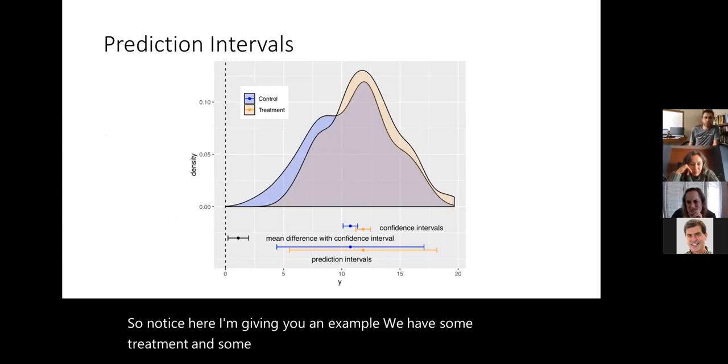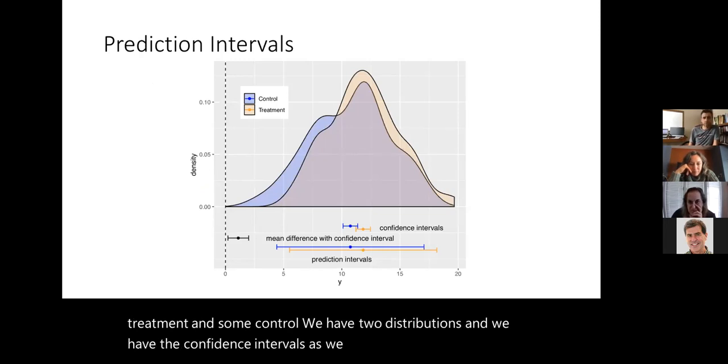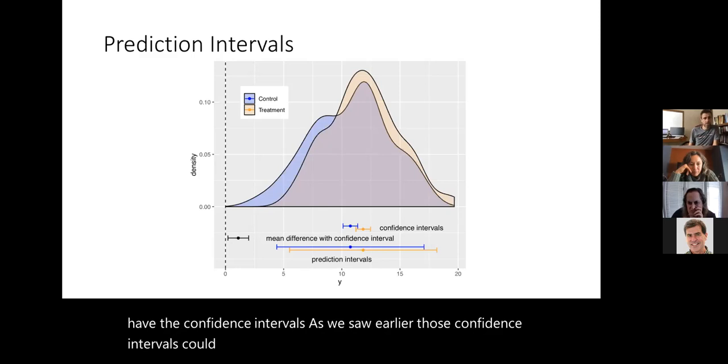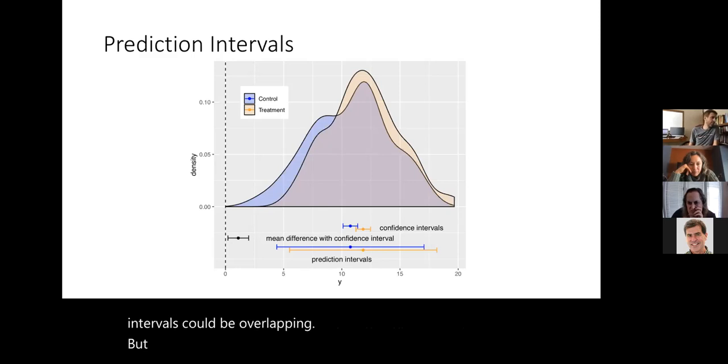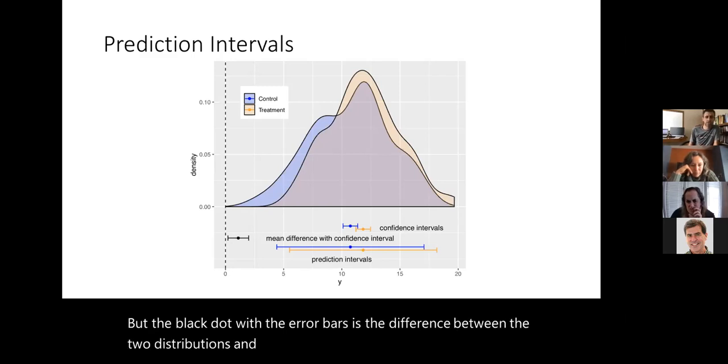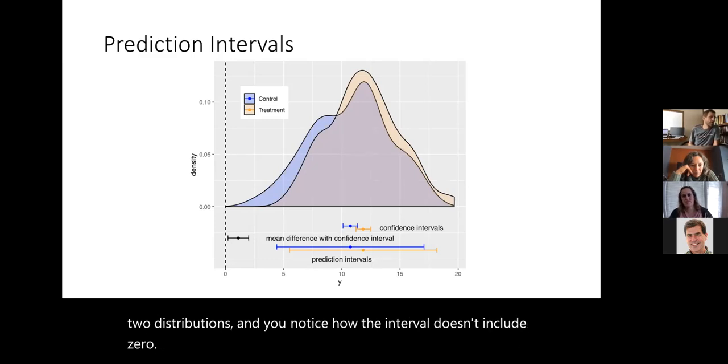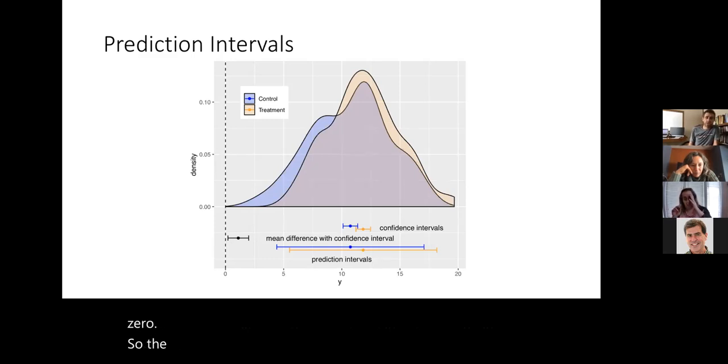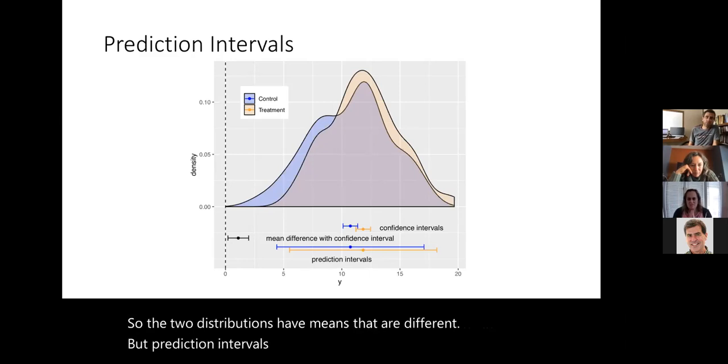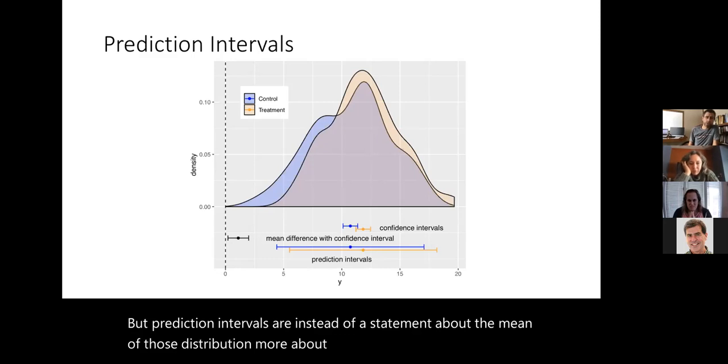We have two distributions and their confidence intervals. As we saw earlier, those confidence intervals could overlap, but the black dot with the error bars is the difference between the two distributions, and you notice how the interval doesn't include zero. So the two distributions have means that are different, but prediction intervals are, instead of a statement about the mean of those distributions, more a statement about the distribution itself.